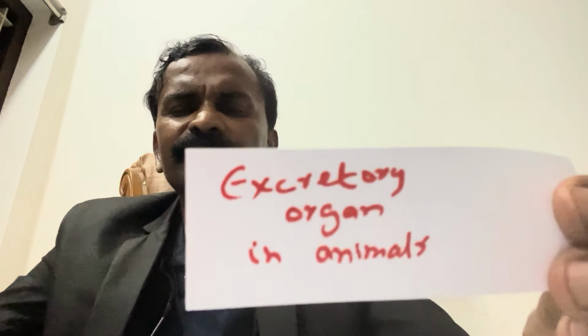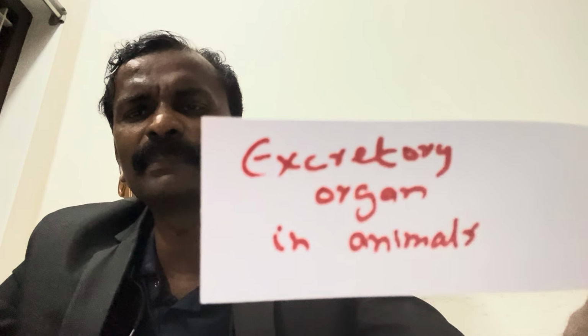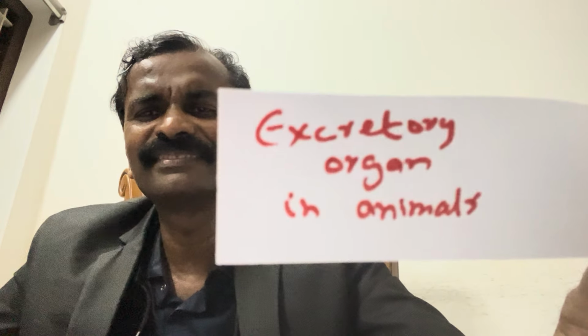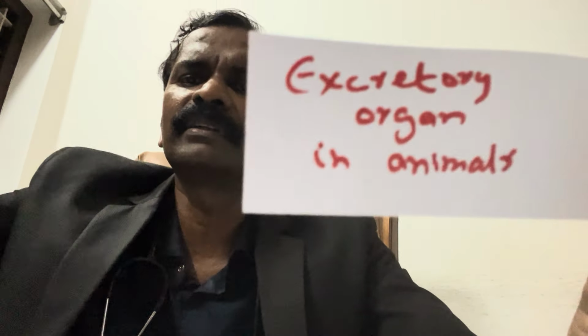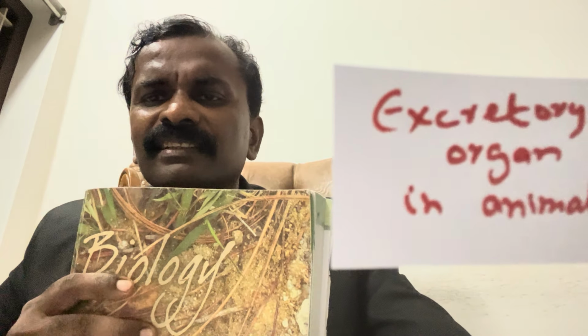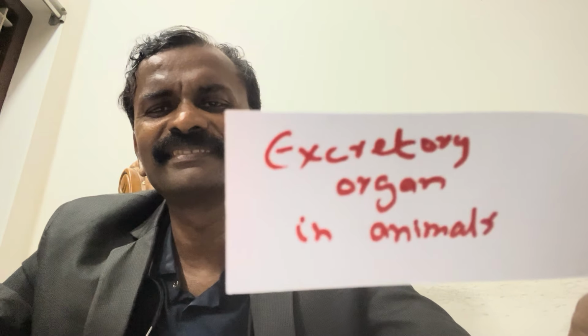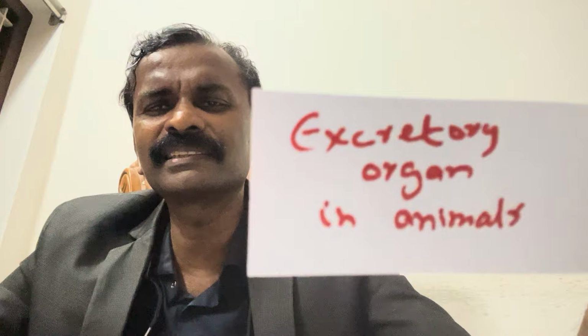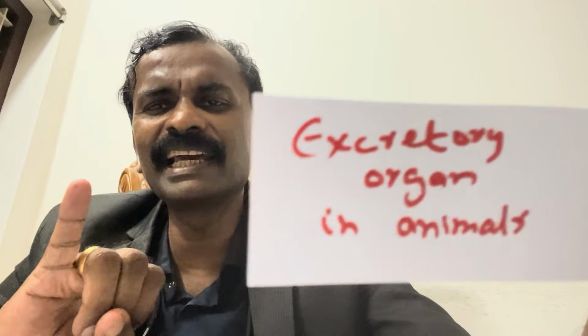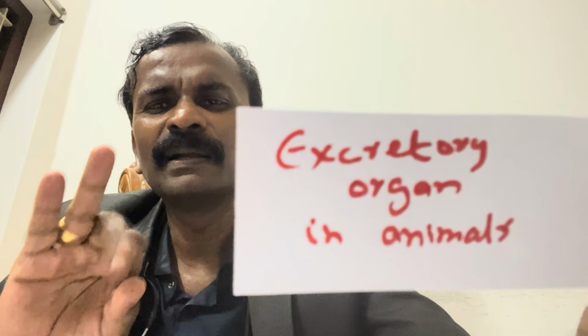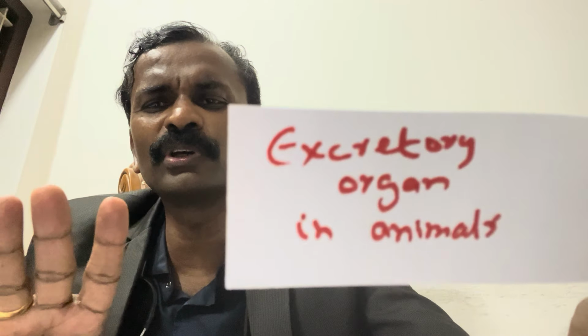Protonephridia is also an excretory organ in animals. These 4 things you don't know. Even if you read this book 300 times, you will not remember anything. Recall is very important. Excretory organs in animals: green gland, nephridia, Malpighian tubules, and protonephridia.